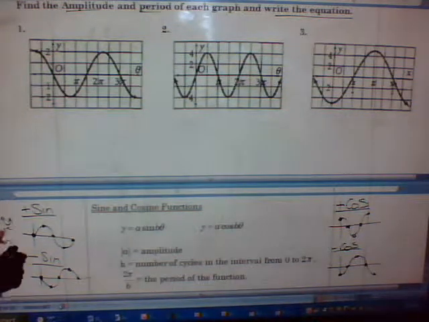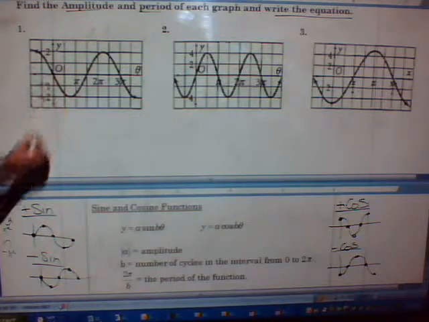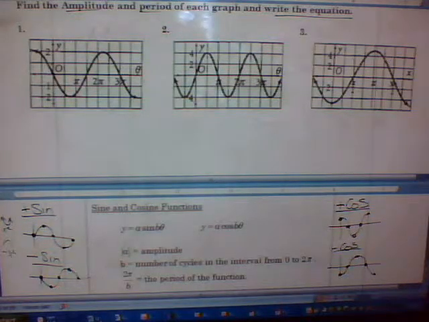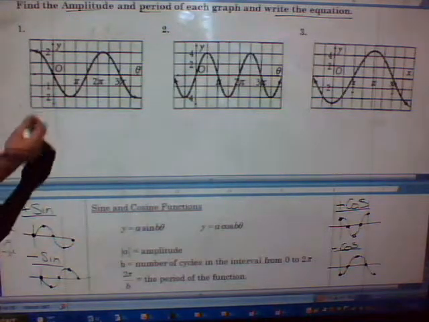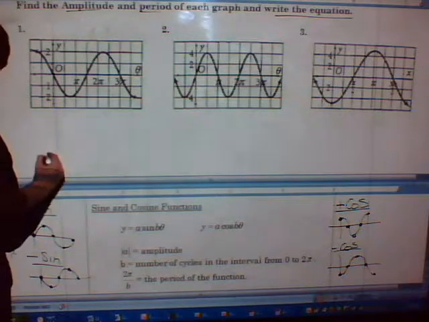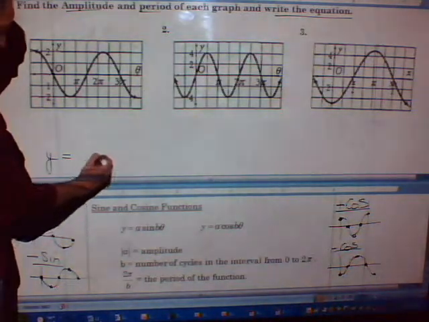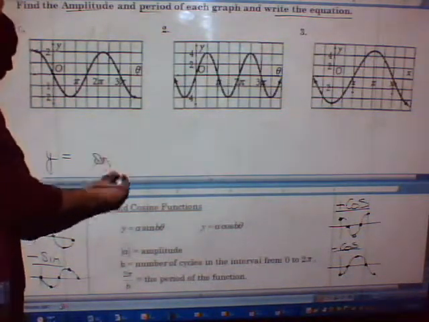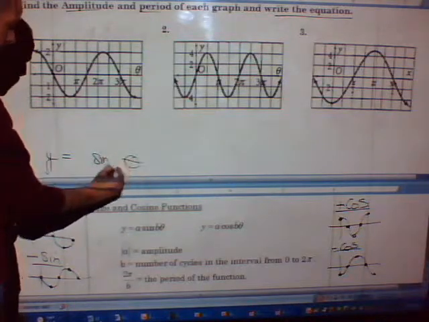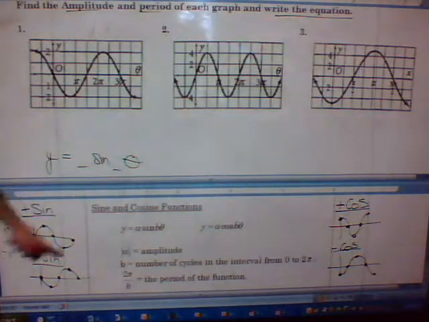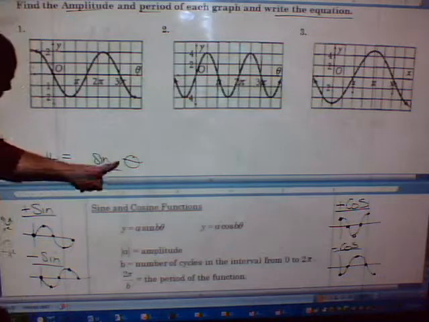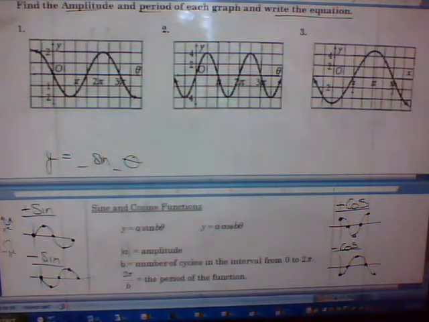Well, here's our origin right here. And it looks like the graph goes right through the origin, so this is going to be a sine graph. We know that this is going to be y equals something sine of something theta. And we need to fill in those two pieces of information. We need to know the amplitude and the number of cycles. Okay?